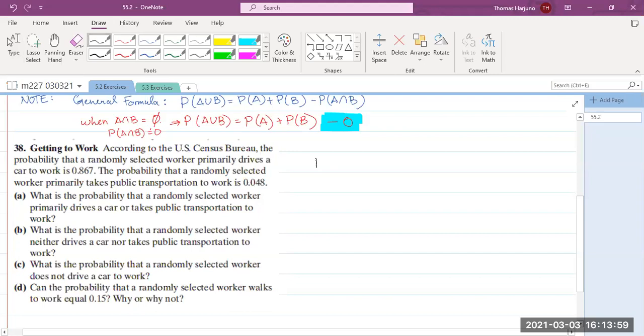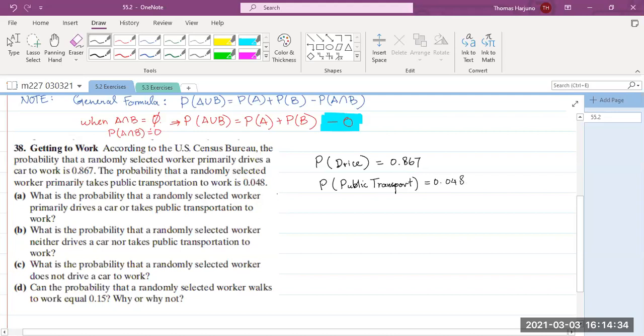The probability that a randomly selected worker primarily takes public transportation to work is 0.048.